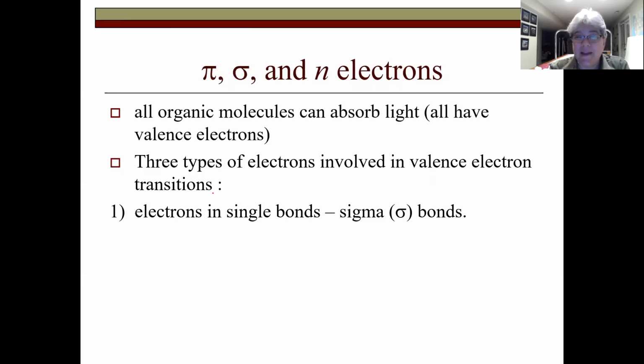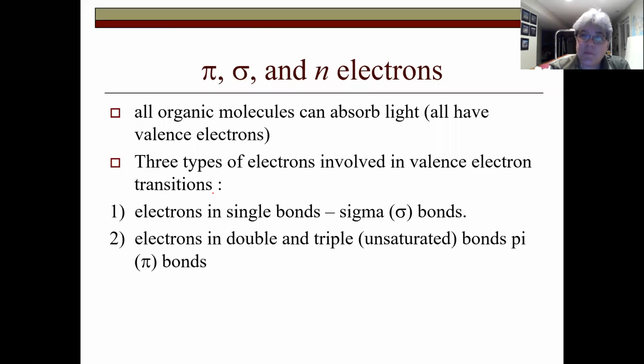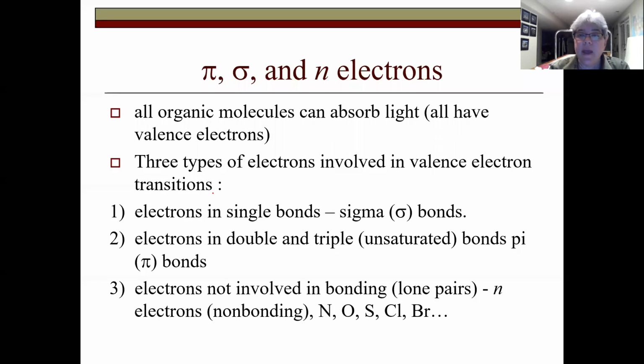Any organic compound has single bonds. Those are called sigma bonds. The double and triple bonds are called pi bonds. So those are the pi electrons, the electrons in those double and triple bonds. And then the n electrons are the lone pairs, so any of these atoms listed down here that would have lone pairs.